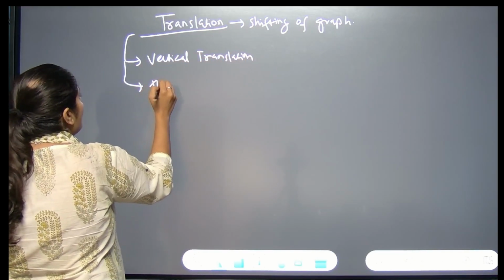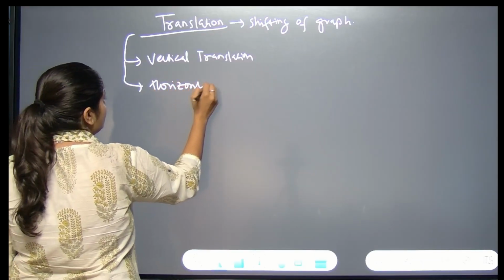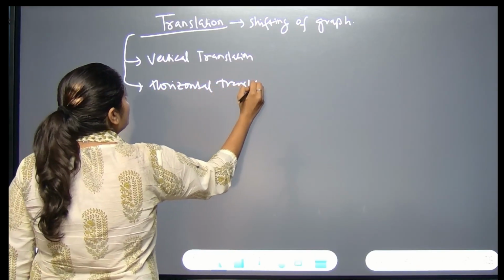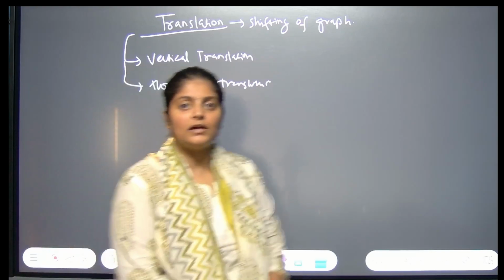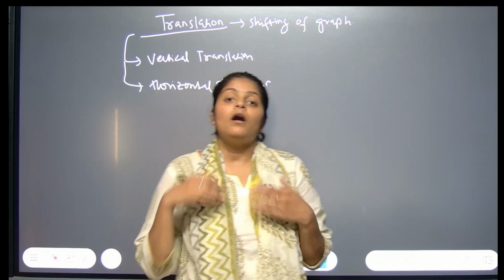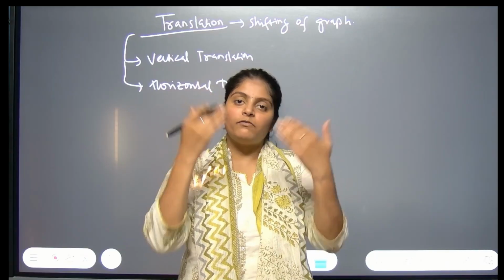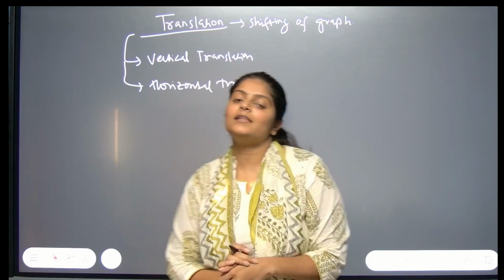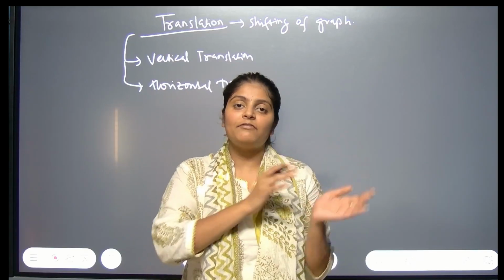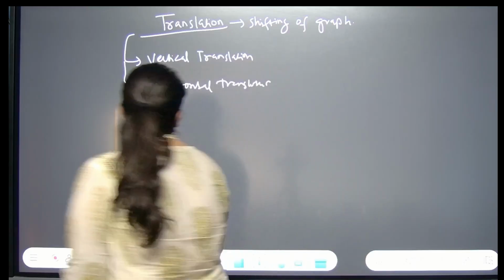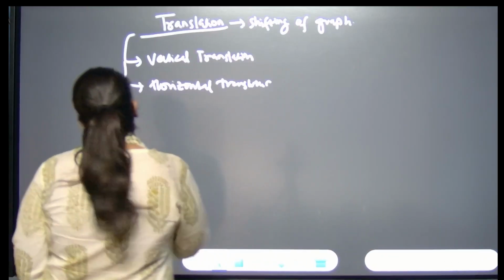Next one is horizontal translation. In vertical translation, the graph shifts upwards or downwards. In horizontal translation, we shift graphs leftwards and rightwards. Right. So we'll learn what is vertical translation.